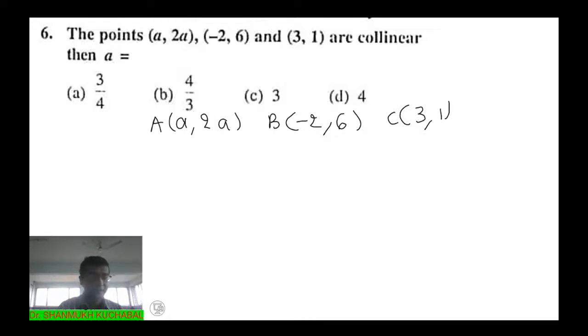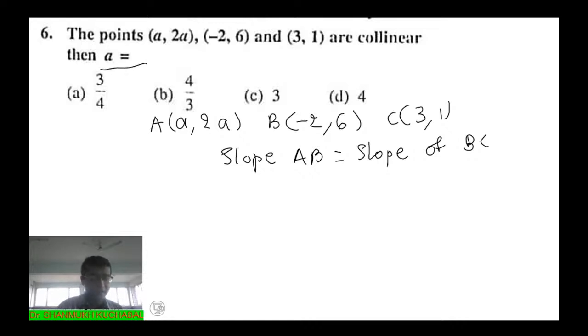They are collinear. If they are collinear, then slope of AB equals slope of BC.